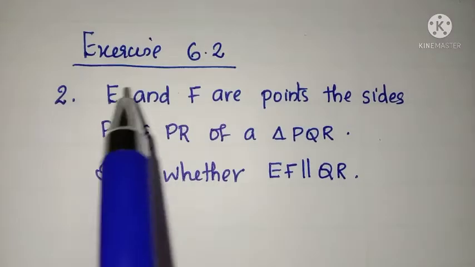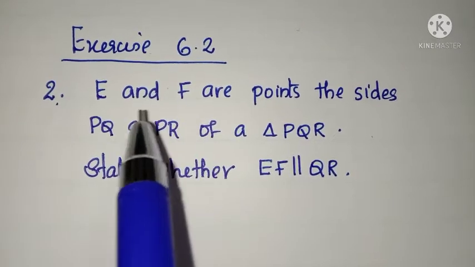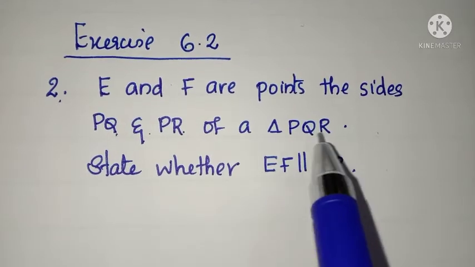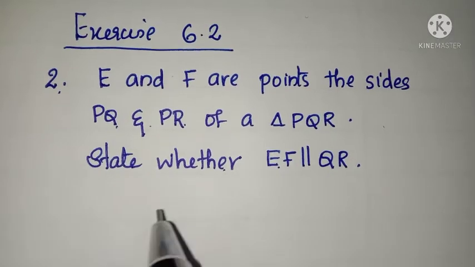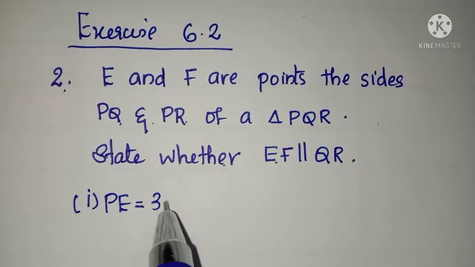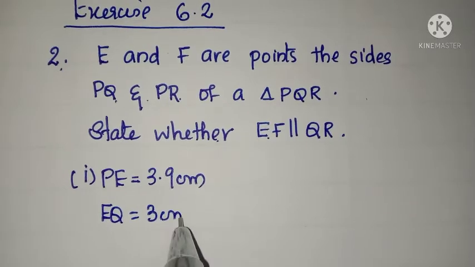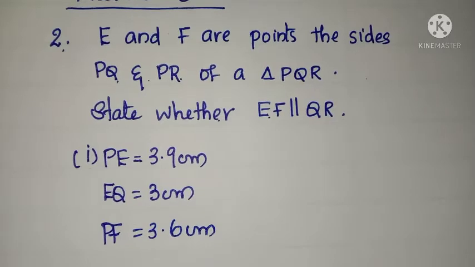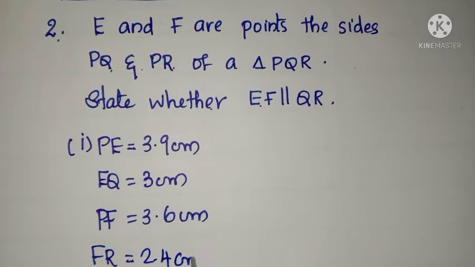Listen, exercise 6.2, question number 2. E and F are points on the sides PQ and PR respectively of a triangle PQR. State whether EF is parallel to QR. First sub question: PE is equal to 3.9 cm, EQ equal to 3 cm, PF equal to 3.6 cm and FR equal to 2.4 cm.